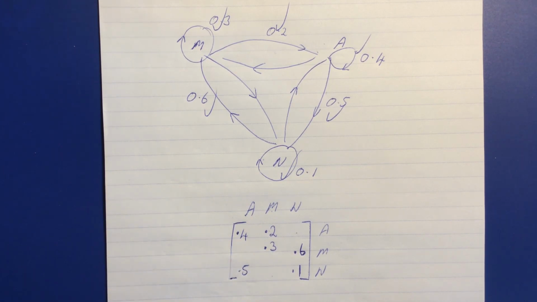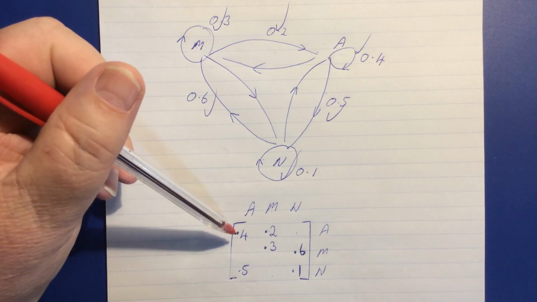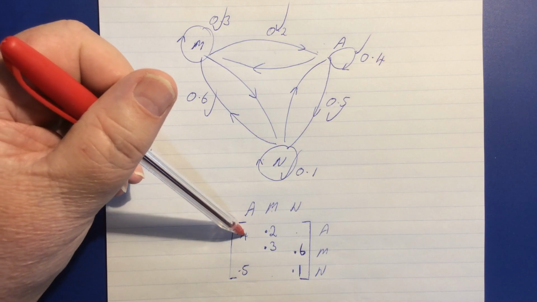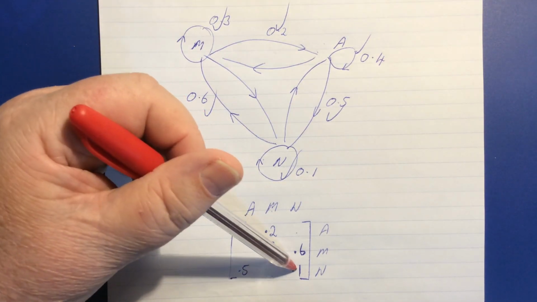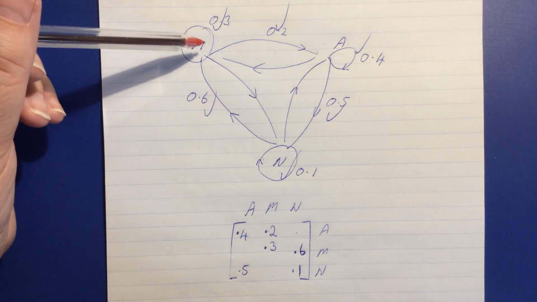Now, this is where a matrix is really, really useful, because there are 2 rules when it comes to transition matrices, or 2 important ones. The first one is that these numbers in the diagonal, as I said, tell you who stays put, who stays in their position, or what stays in its position.